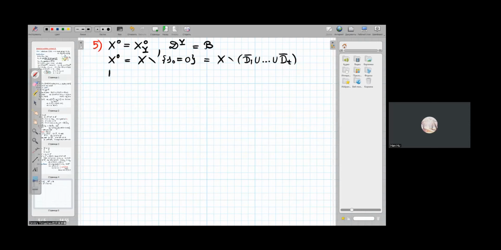If a color D belongs to this set, then D coincides with one of these Di bar. And this implies, of course, that D does not contain Y, because Y intersects X naught, and Di bar is in the complement of X naught.